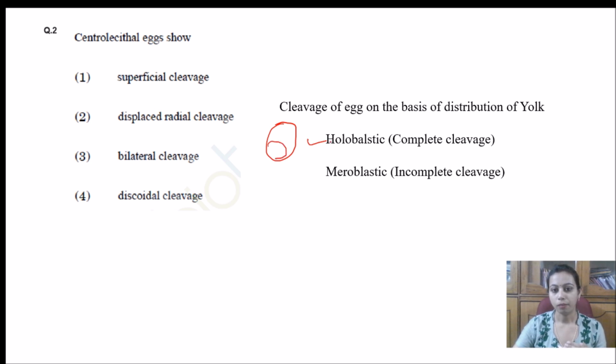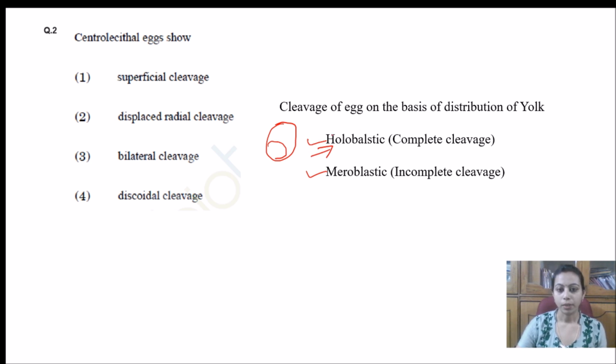In case of holoblastic cleavage, the egg has a very small amount of yolk, or even if the yolk is present, it will be situated at a particular corner of the egg. But in case of meroblastic cleavage, the yolk is distributed in a very different manner, or the amount of yolk is very high as compared to the eggs undergoing holoblastic cleavage.